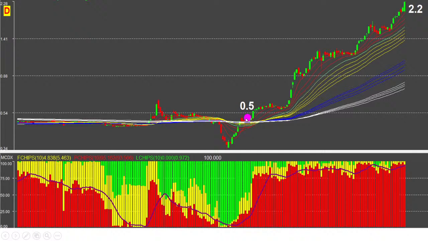All the rainbow lines converge together. Also the big fish, the red bar more than 50%, means the banker built the position already, and the purple line turns up. So here it will be the best entry point, 50, and in 5 months it is more than $2.20.